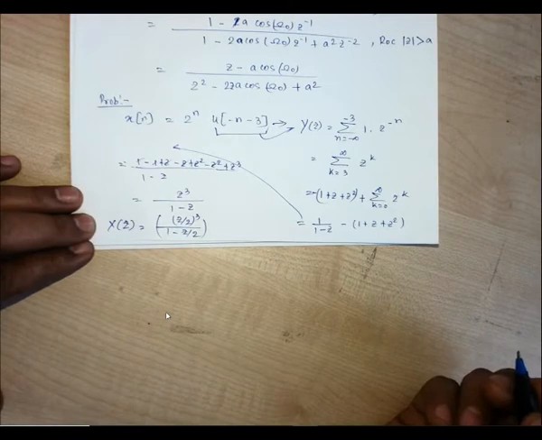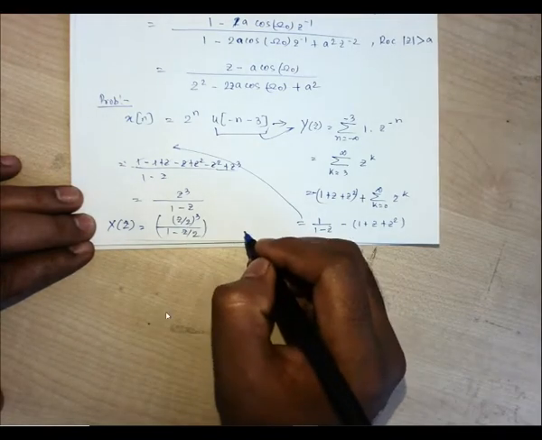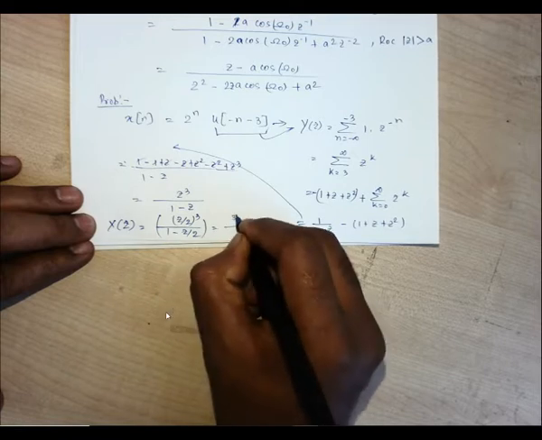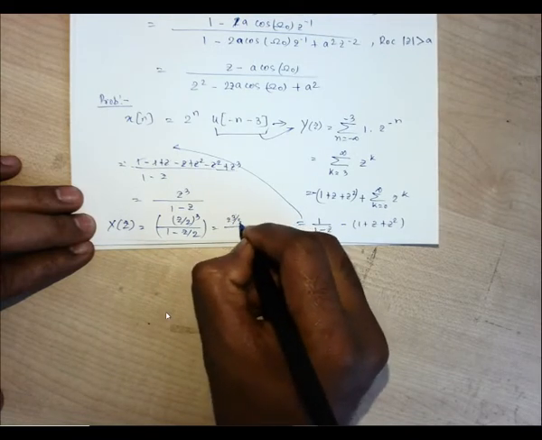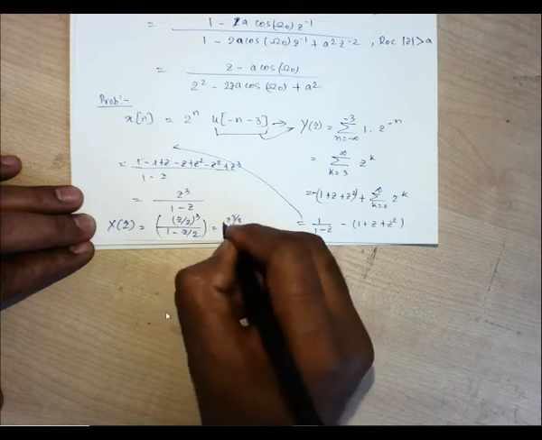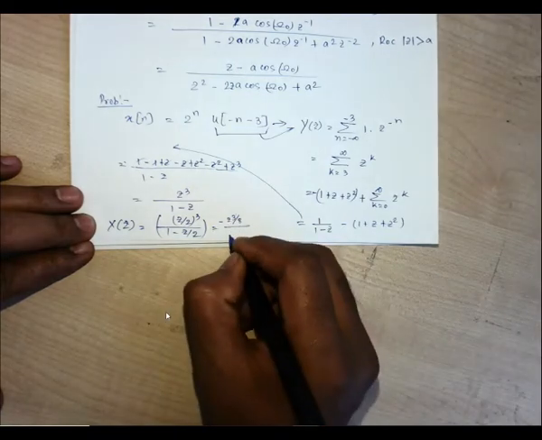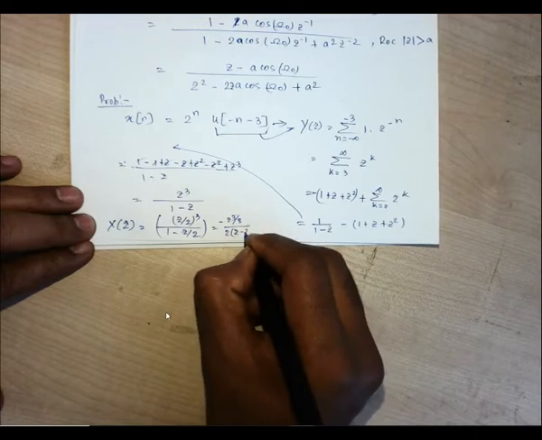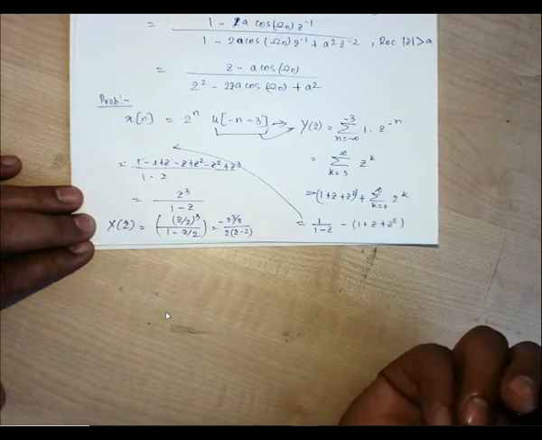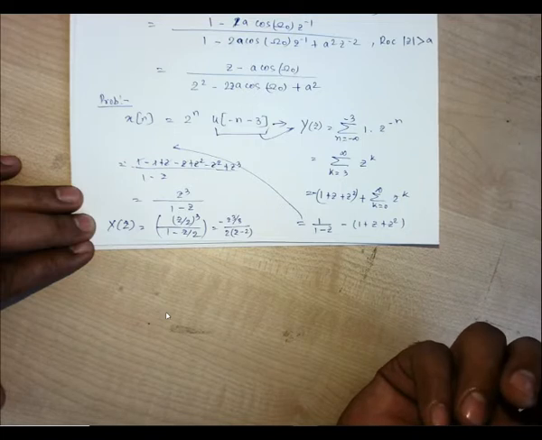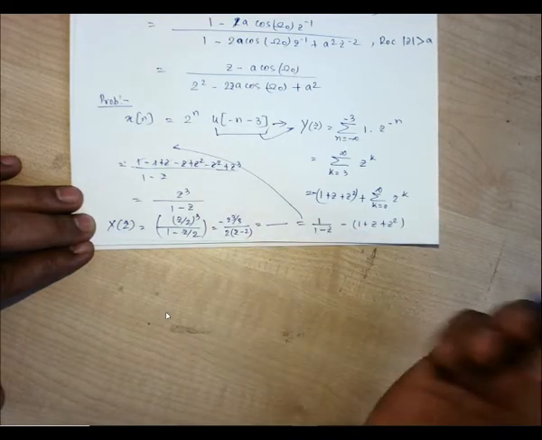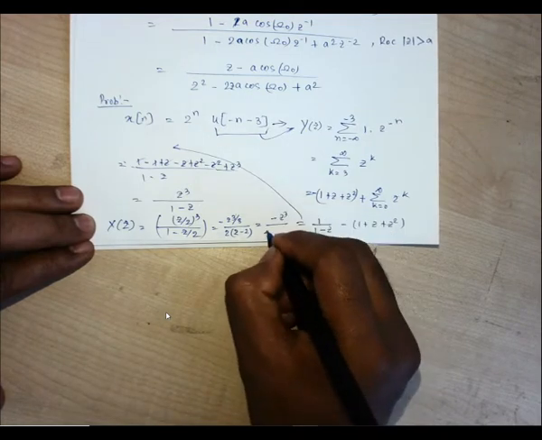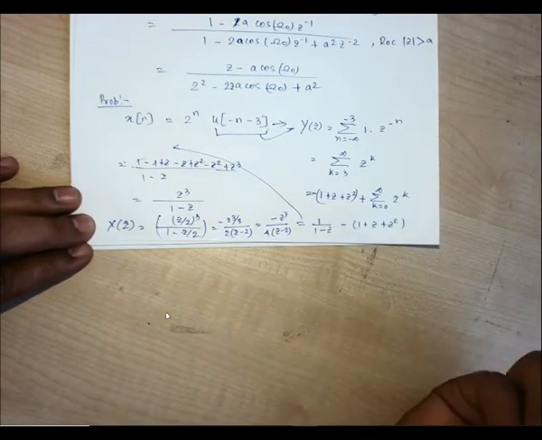So this will become z cube by 8, and if we take the minus common, this one will become 2 into z minus 2. So this one will become minus of z cube by 4 into z minus 2.